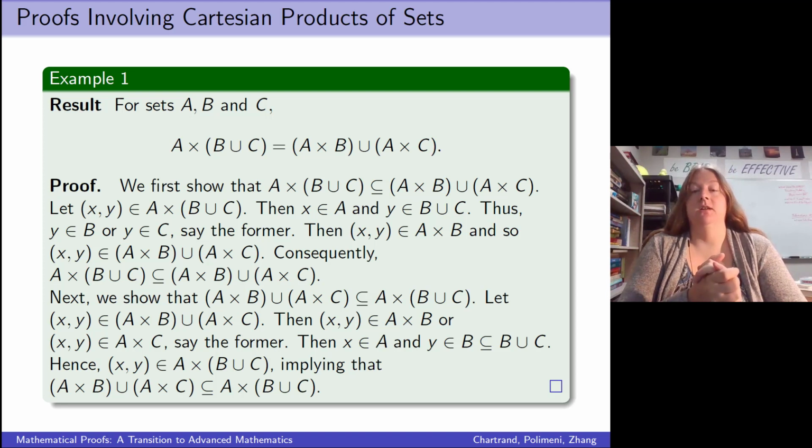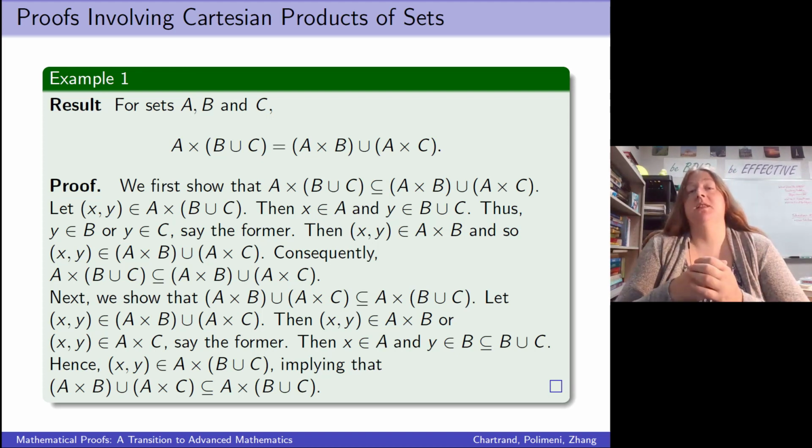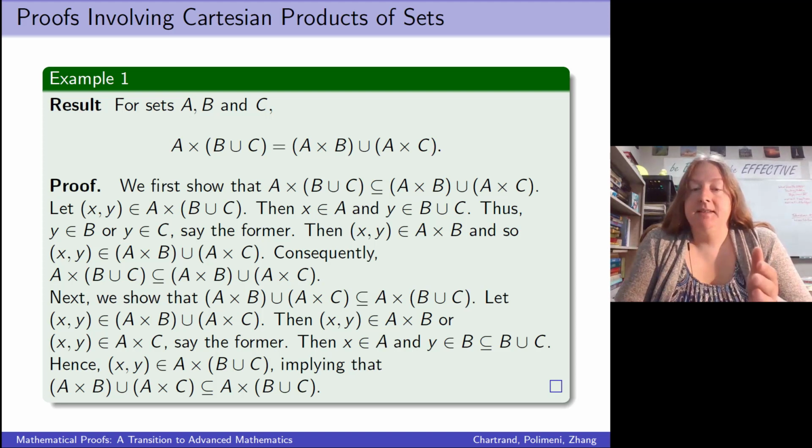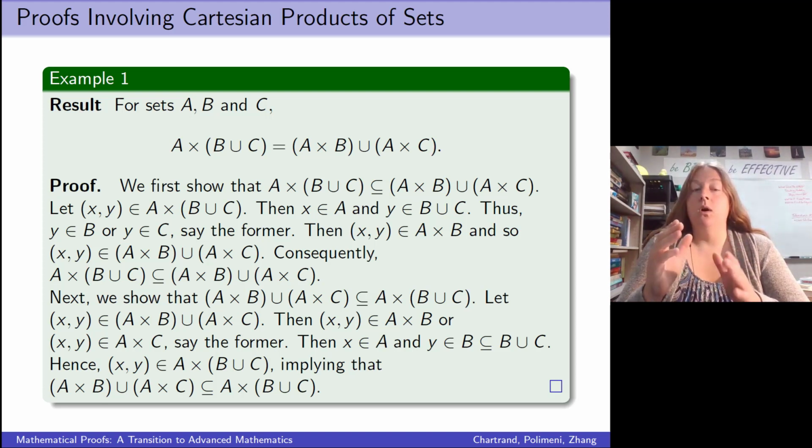So y is coming from B union C. So then I think about what this means for x and y. Well, I can't really do a ton with x being in A, so I can take a look at y being an element in B union C, though. So y being an element in B union C means that y is in B or y is in C.